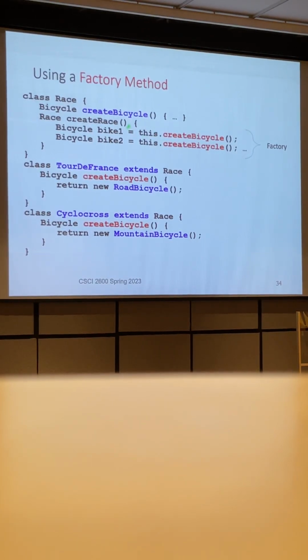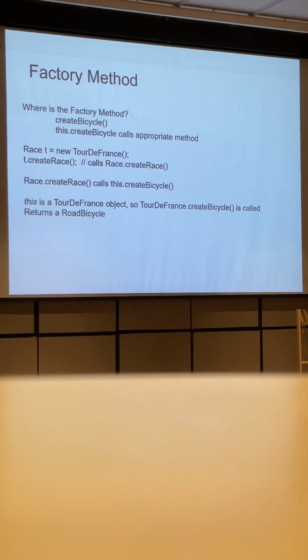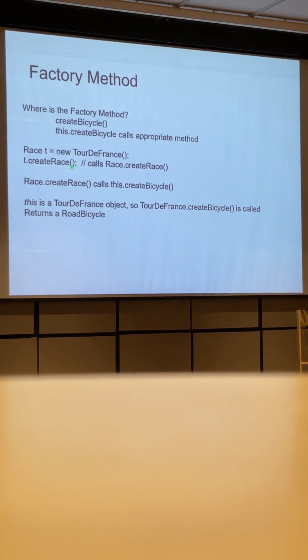And that's why we don't have to override create race, because it is going to work for all the subclasses of race. That's how you would use it: create an instance of a race, and then call create race, and that would call the create bicycle from the proper this object, where this would be Tour de France, cyclocross, or whatever the type of the race is.